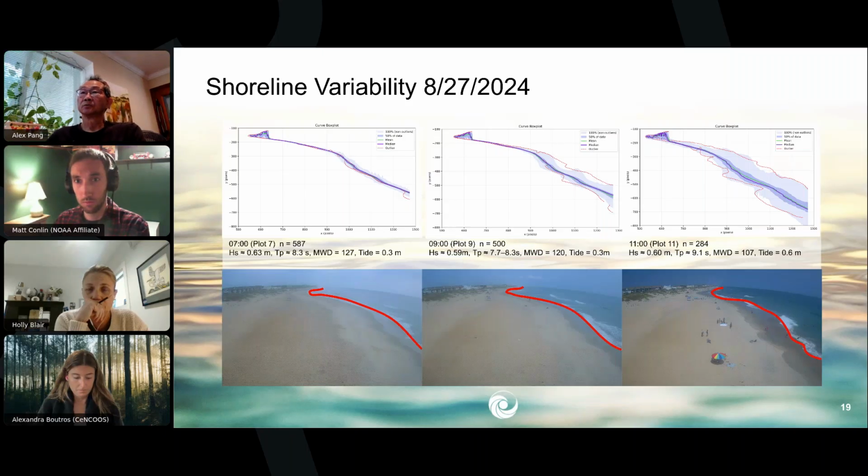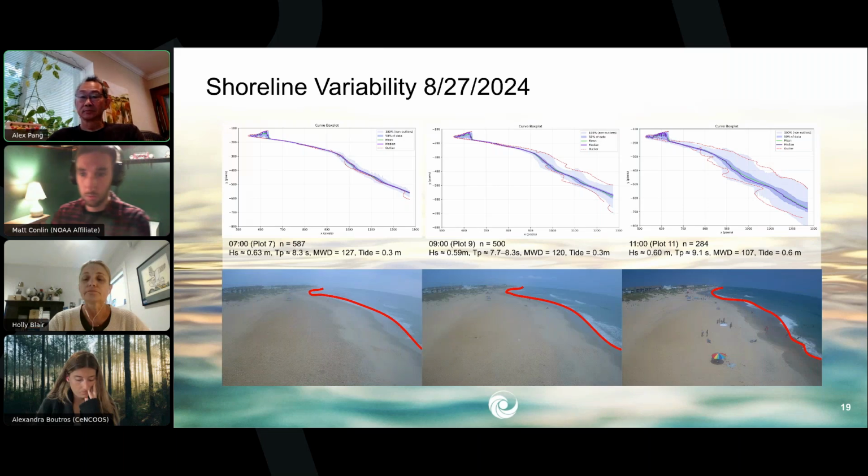Okay, so what we did was select two different dates, which happened to be back-to-back, where the sea states from the NOAA recordings from a buoy offshore would indicate either a mild day or a rougher day. On August 27 of 2024, this was a fairly mild day.